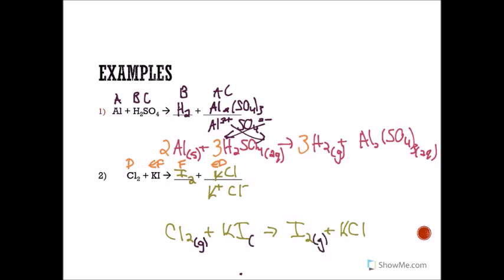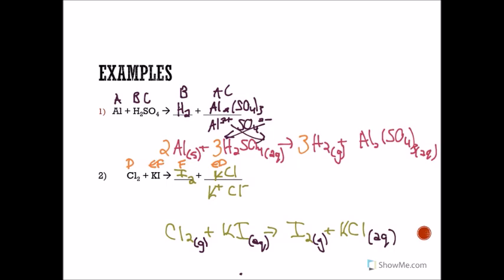A compound on our reactant side is aqueous, and a compound on our product side we need to look up on our solubility table and see if it's aqueous or solid. And if we look up chlorine on our solubility table, it's paired with potassium, which falls under all others. Therefore, it's aqueous.